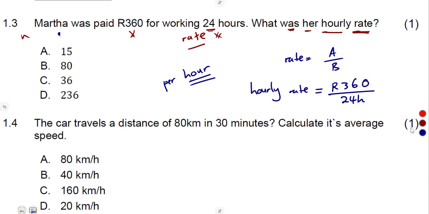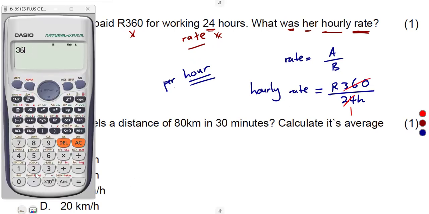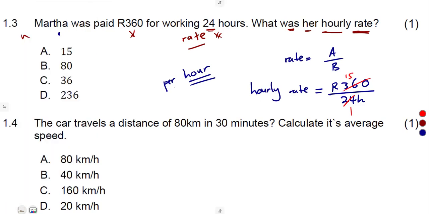To get per hour, you must have 1 hour here. So what are we going to do? We must divide 24 into 24, that is 1, into 360. 360 divided by 24. This is going to give us 15.